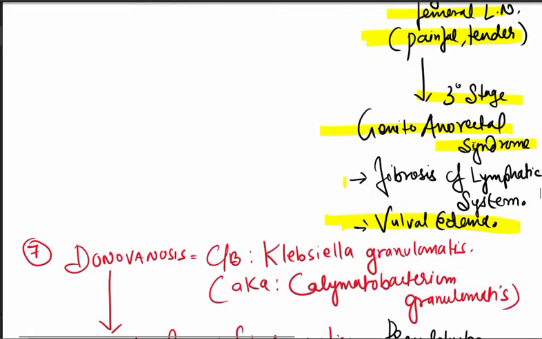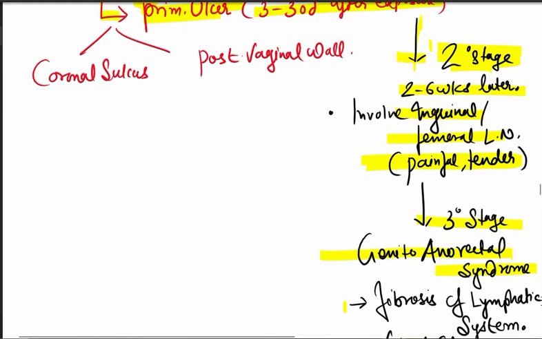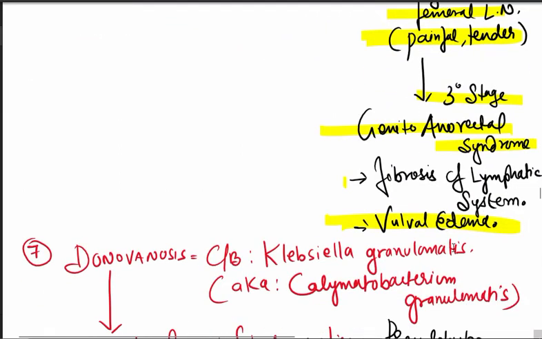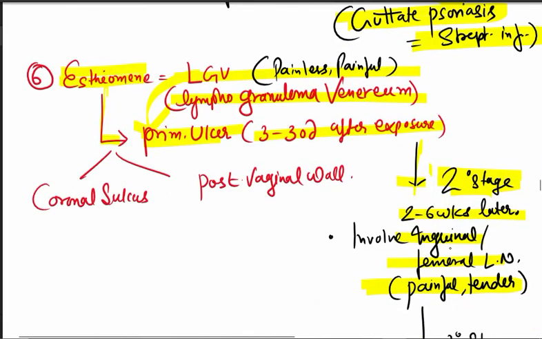And in the third stage, a special feature of the vulva is seen, known as esthiomene. It can also be seen in males in the coronal sulcus of the penis. In females, it is seen in the posterior vaginal wall.